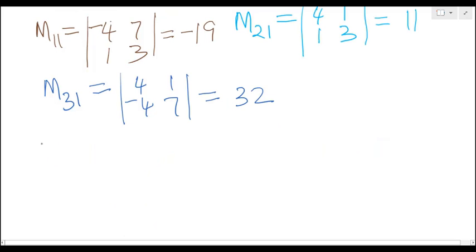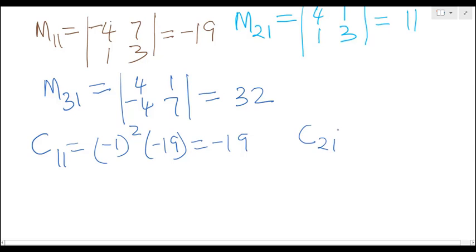We now calculate the cofactors. C11 is equal to minus 1 raised to 2 multiplied by minus 19, which is equal to minus 19. C21 is equal to minus 1 raised to 3 multiplied by 11, which is equal to minus 11.